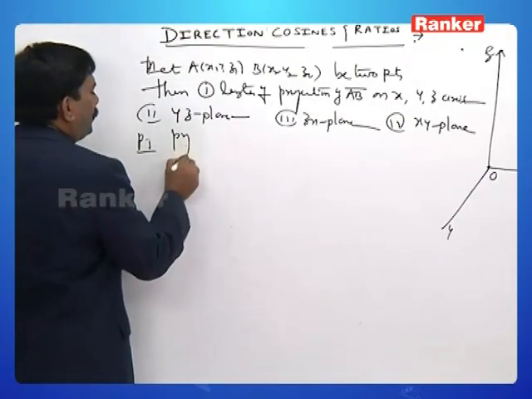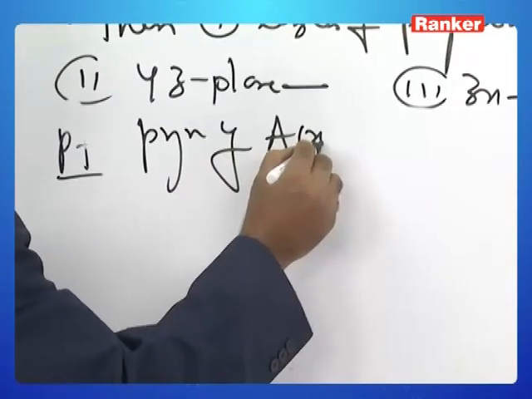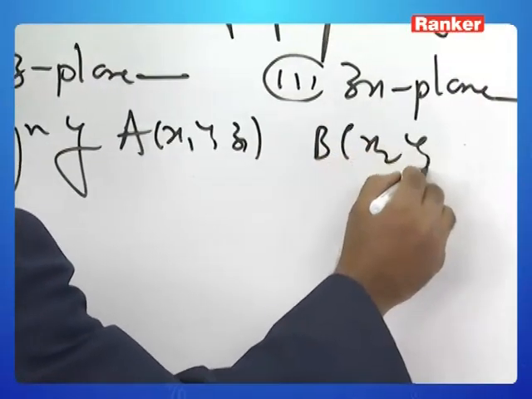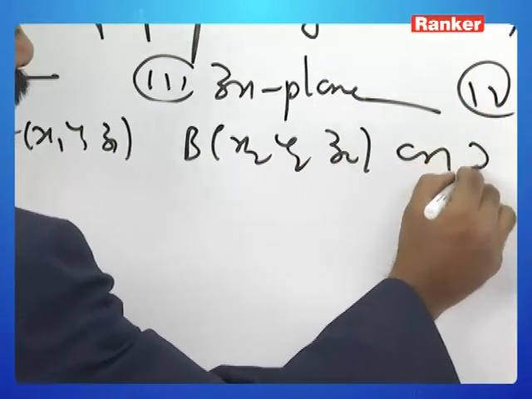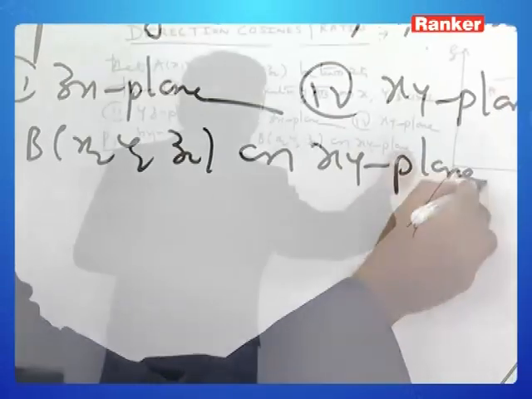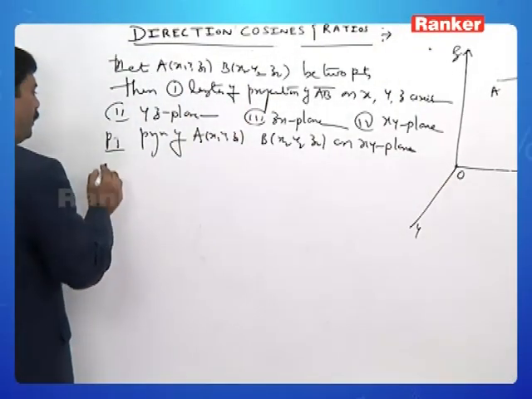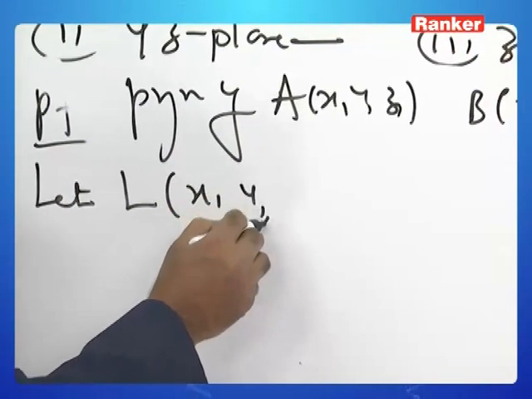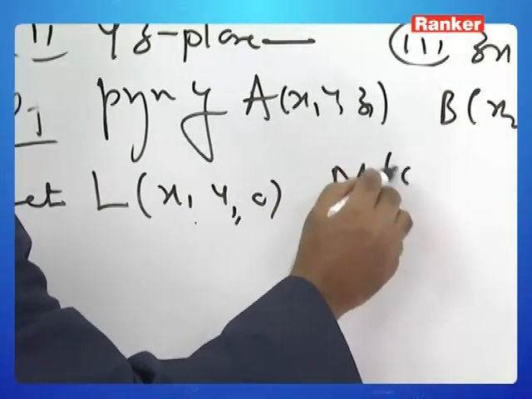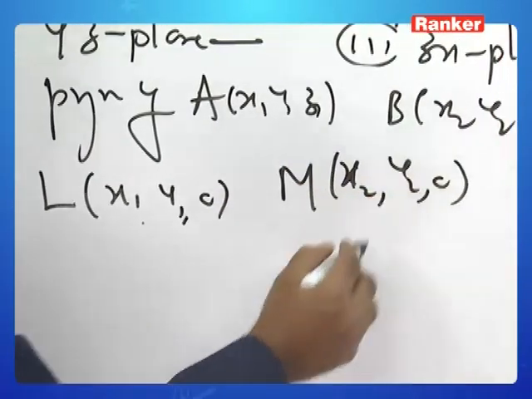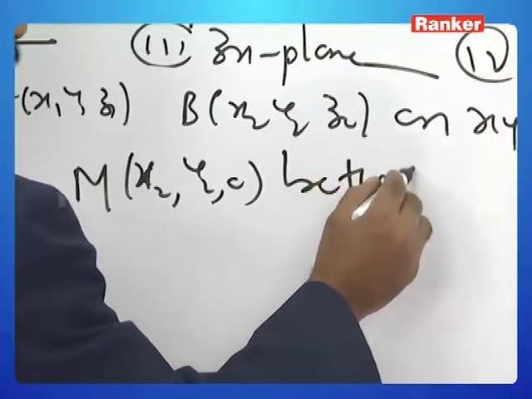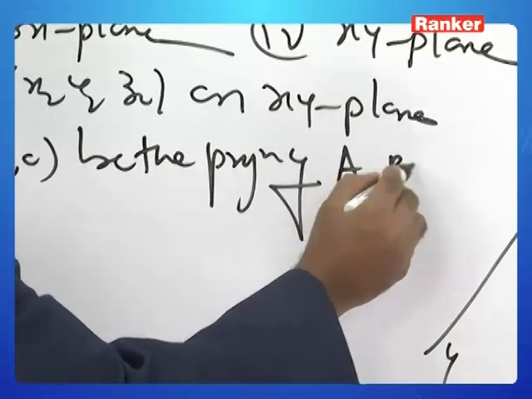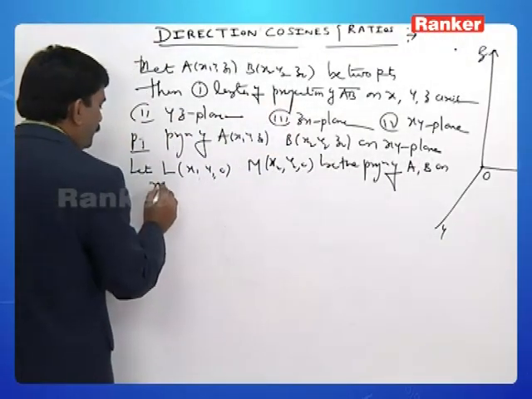So the projection of A of x1, y1, z1 and B of x2, y2, z2 on the xy plane: let L of x1, y1, 0 and M of x2, y2, 0 be the projection of A, B on the xy plane.